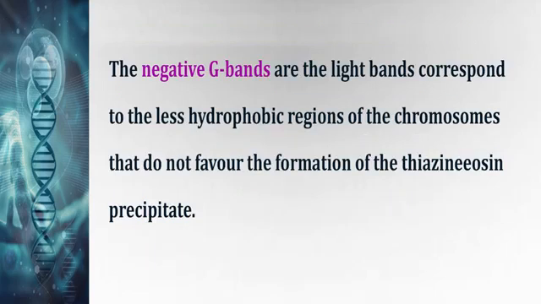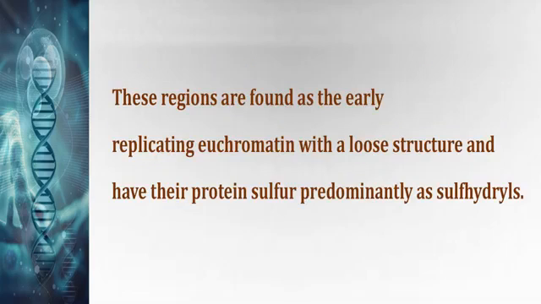The negative G bands, or the light bands, correspond to the less hydrophobic regions of the chromosomes that do not favor the formation of thiazine-eosin precipitate. These regions are found as the early replicating euchromatin with a loose structure and have their protein sulfur predominantly as sulfhydryl.